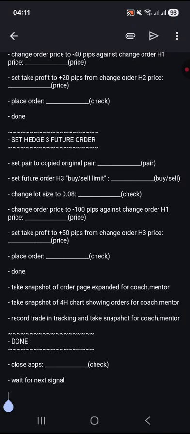And then you set hedge level 3. Set the pair to the correct pair. Euro United States dollar, Euro Japanese yen, whatever it is. Set the future hedge 3 order, buy limit or sell limit. Change the lot size to double of what hedge level 2 is. In this case, 0.08. Change the order price to 100 pips against hedge level 2.